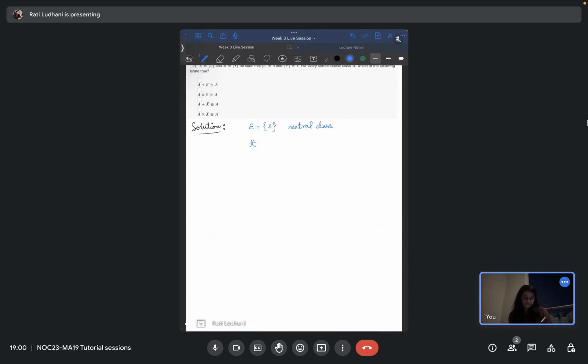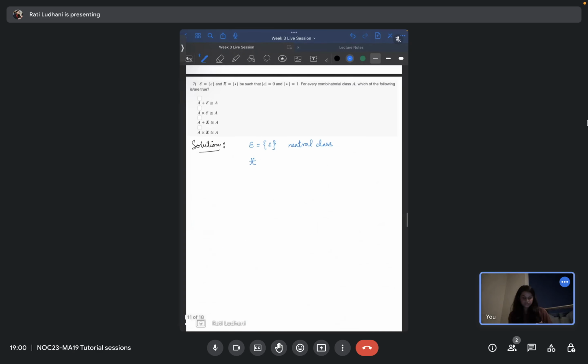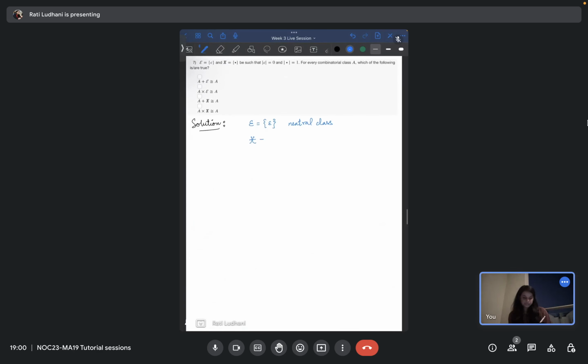Okay, and what does this say? This is a neutral class with size 0 and the size of this element is 1.